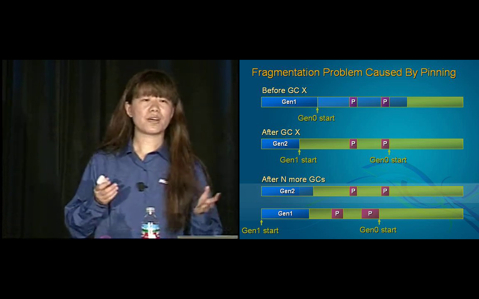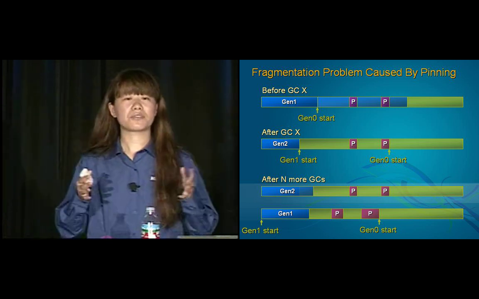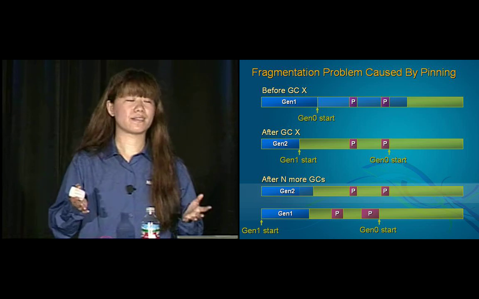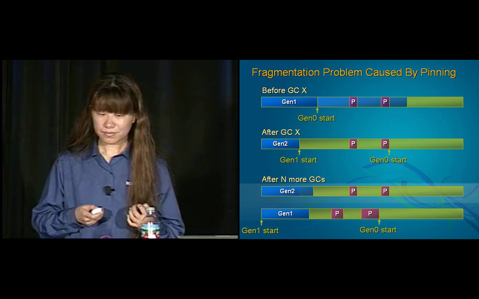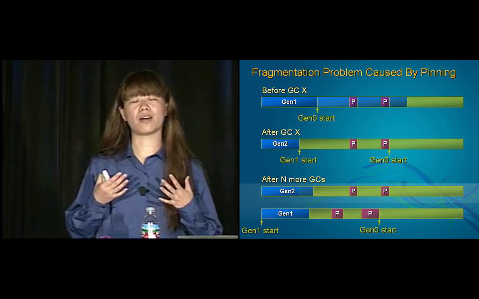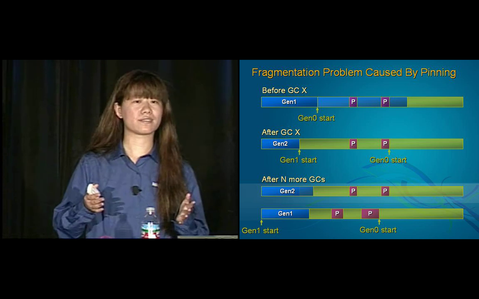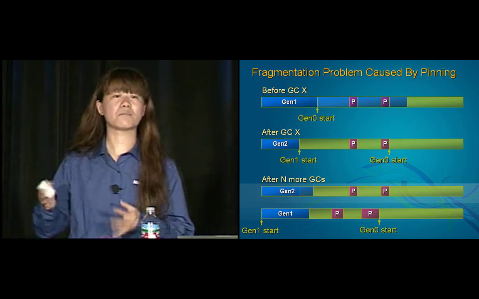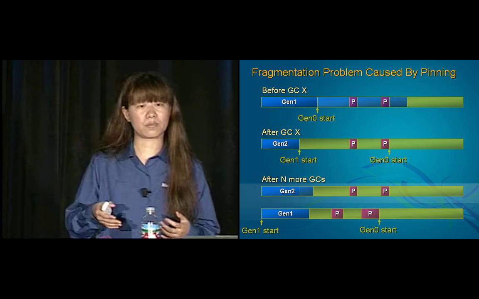Some people have asked, why don't you put the pinned objects on their own heap? Wouldn't that solve the fragmentation problem? Well, if you put the pinned objects on their own heap, they could have references to the objects in the non-pinned heap, to small objects or large objects.